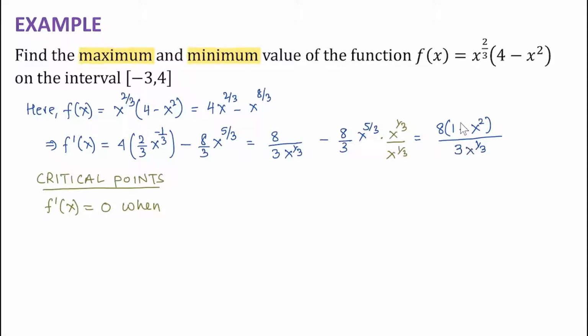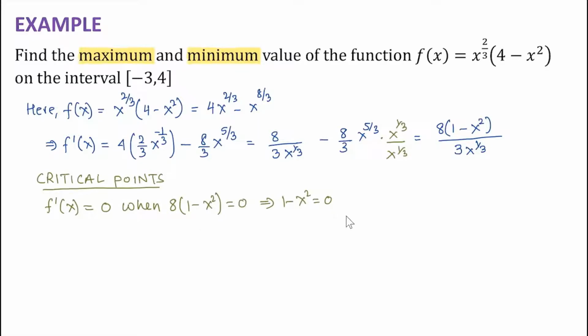When I say first derivative, this quantity, the first derivative is 0 when the numerator is 0. Okay, the fraction will be 0 when the numerator will be 0. That is when 8 times 1 minus x squared is equal to 0, which is same as 1 minus x squared equal to 0, because 8 multiplied to how much is 0? 8 multiplied to 0 is 0. So this must be 0.